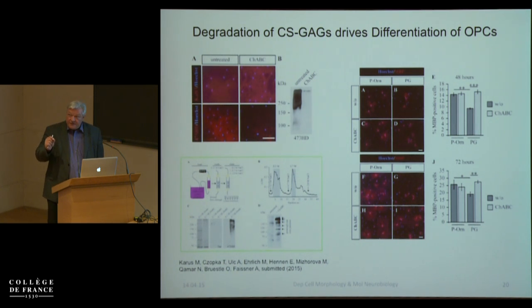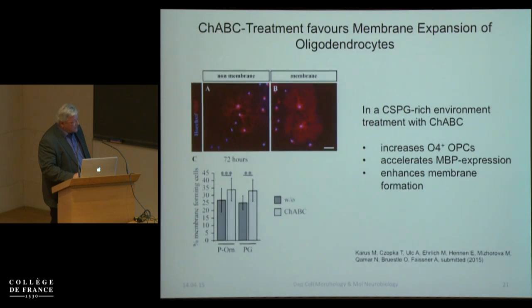So it seems that oligodendrocyte precursors are sort of timed in their differentiation behavior by chondroitin sulfate proteoglycans, as well as the formation of membranes and the expansion of oligodendrocyte membranes that is enhanced by chondroitinase ABC treatment.